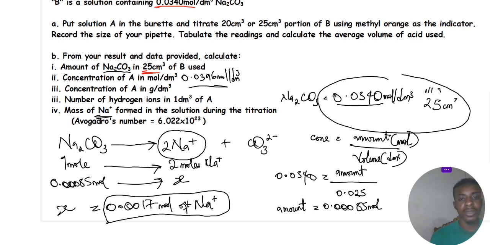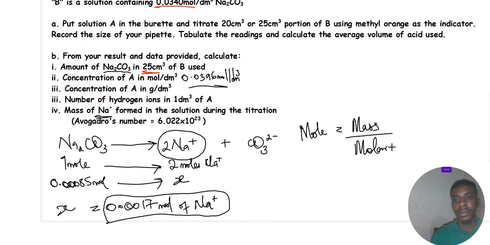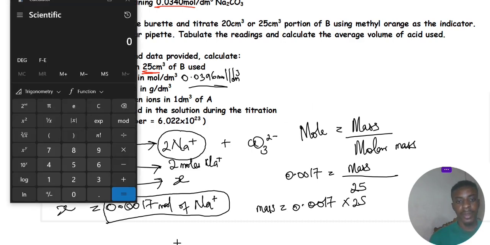But take note, we are asked to calculate the mass, so all you have to do is to convert this mole to mass. For you to convert the mole to mass, you use this relationship here, which is mole equal to mass over molar mass. The mole we've gotten to be 0.0017, we are looking for the mass, and the molar mass of sodium is 23. So we cross multiply, mass is equal to 0.0017 times 23.